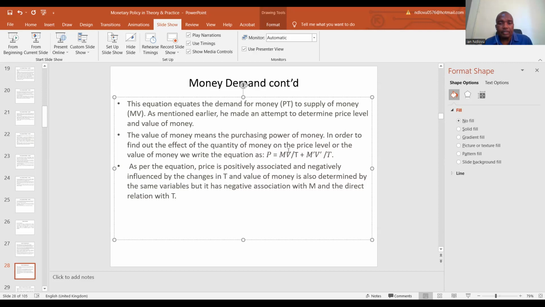And the value of money is positively associated with transactions and negatively influenced by changes in the general price level.